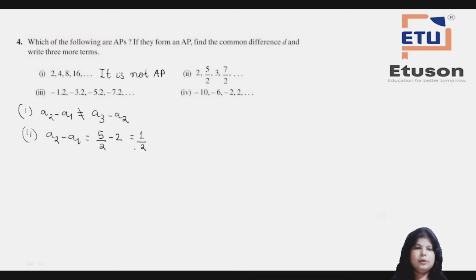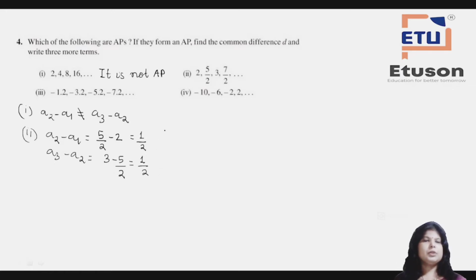What about A3 minus A2? Let us find out. So that is equal to 3 minus 5 by 2. So that is equal to again 1 by 2. Right? So there exists a common difference here. So it is an AP. Right?